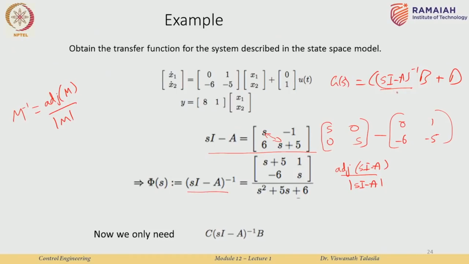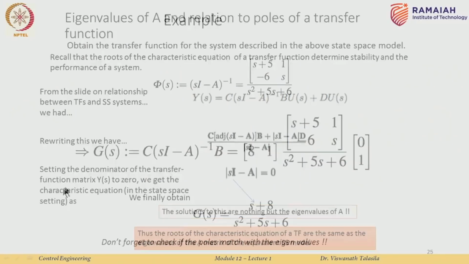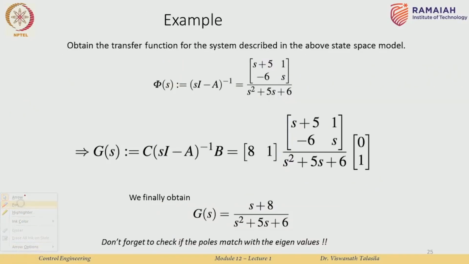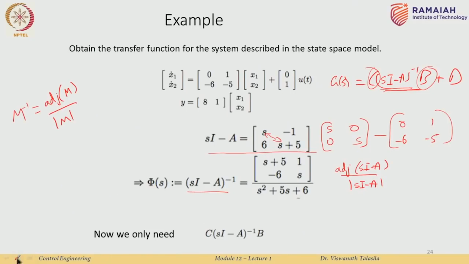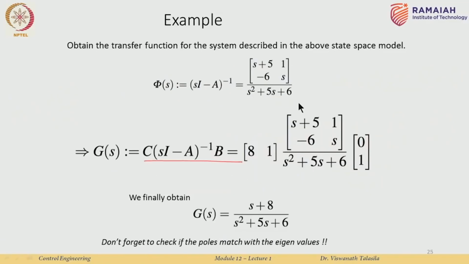Now, to (sI minus A) inverse, we need to pre-multiply with C and post-multiply with B. When you do that, this is the expression over here. Remember in our particular example, D is equal to 0, so the D term does not exist.